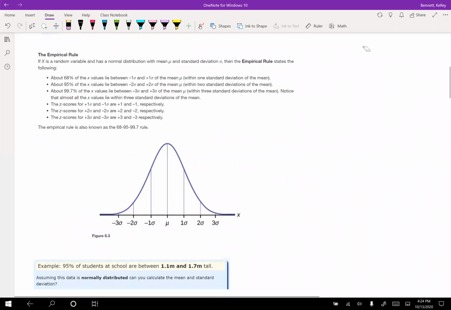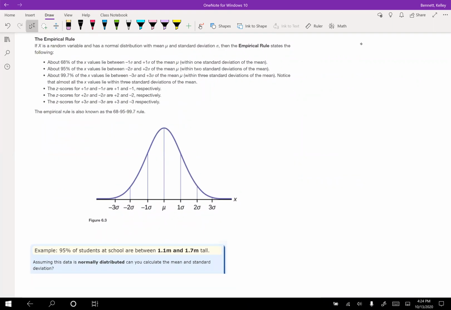So one of the things that we're going to use for our normal distributions is something called the empirical rule. And what that tells us is that we can look at how many standard deviations we are from the mean and get an idea of the percentage or the probability or the likelihood of values in that range.